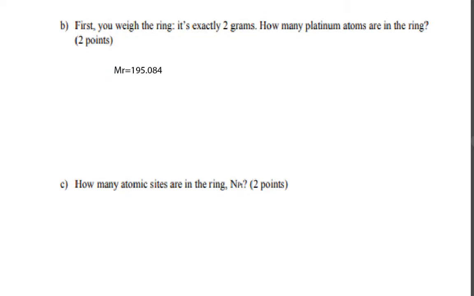So this would mean that we need to find how many platinum atoms are in the ring. That means that it's 2 grams divided by this MR, which means that you need to pull out your calculator and just plug in the numbers.